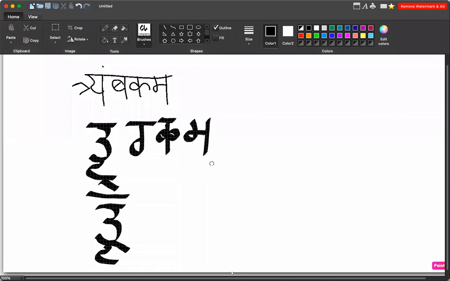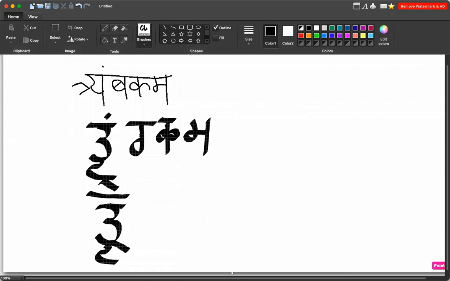So if you can tell me, I'll check a word wherein there is a sanyukt akshar and there is a matra. Wait, let me recollect. You need to put the bindi also on the top. Yeah, Triambakam.